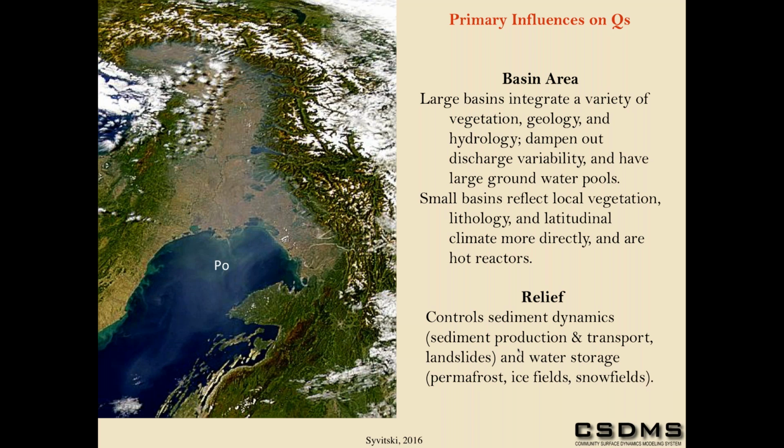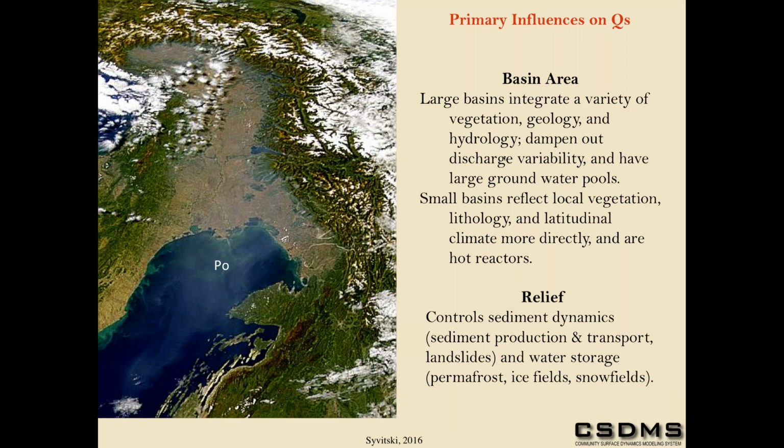Basin area: large basins are integrators. They integrate all sorts of phenomena like vegetation, geology, and hydrology. Large basins dampen out discharge variability, no matter where these large basins occur in terms of climate, and they have very large groundwater pools. The small basins are basically hot reactors. They're the opposite. They reflect local vegetation, much more latitude, and lithologies are typically more dominant in the principal style of rock type.